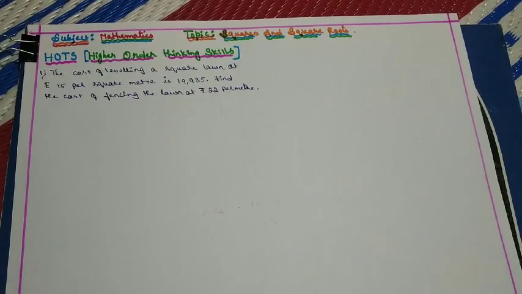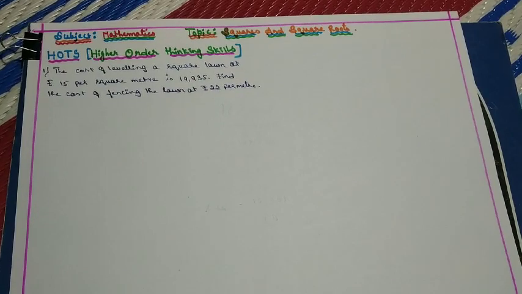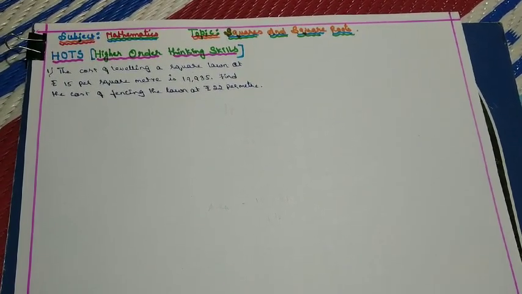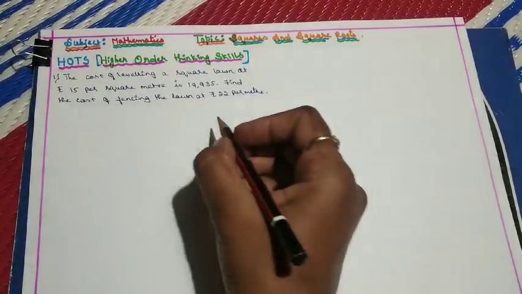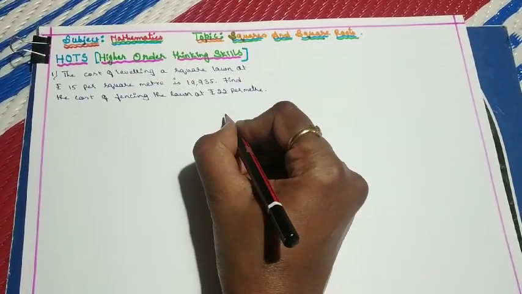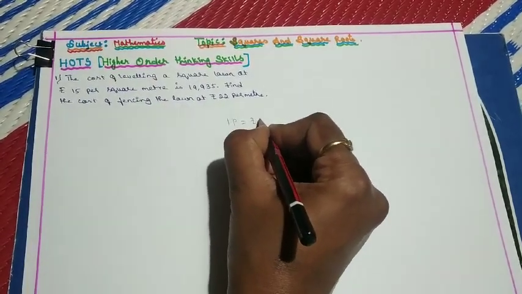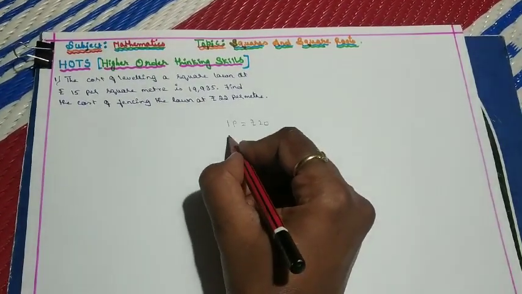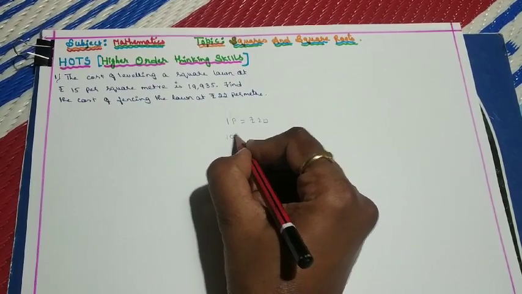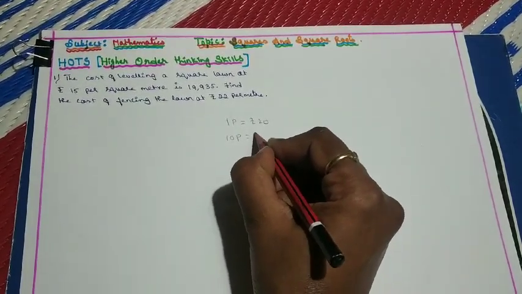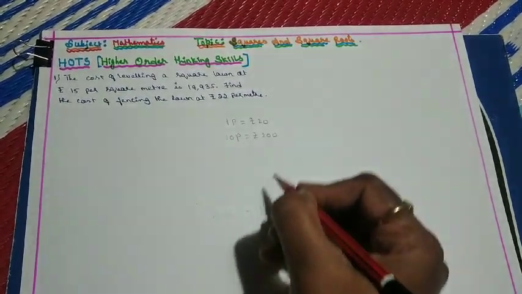Before solving such questions, let me explain with a simple example. If I go to a bookstall and get one pencil whose cost is rupees 20, and I buy 10 such pencils, what is the total cost? Of course, the total cost is 200 rupees.